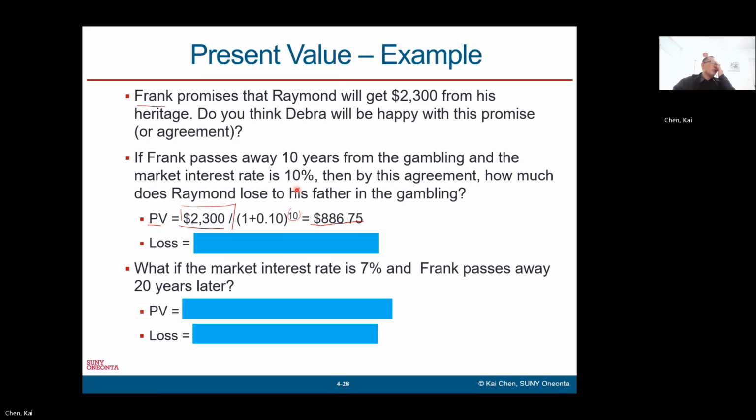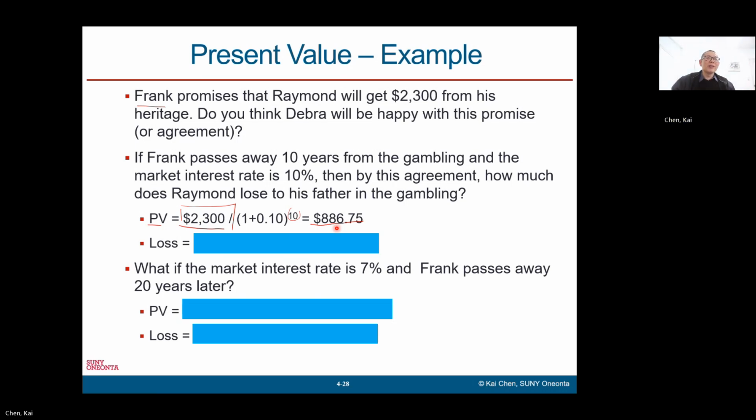Then what does this mean? It means the present value of Frank's promise is worth $886.75.